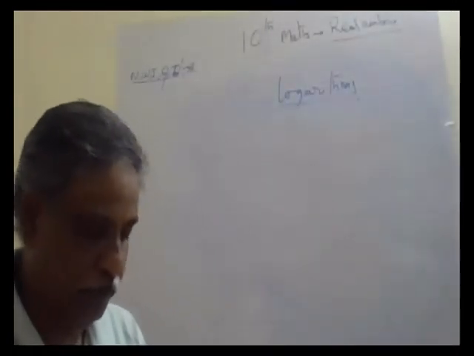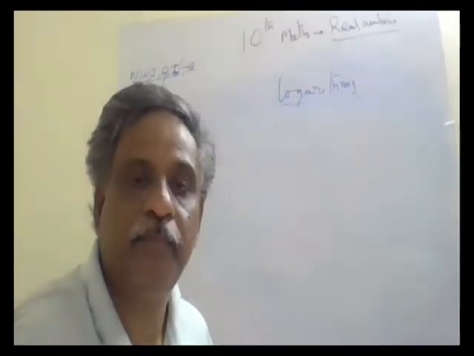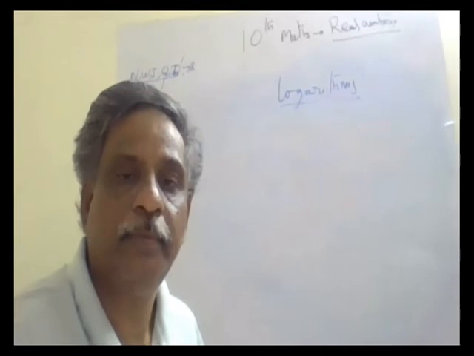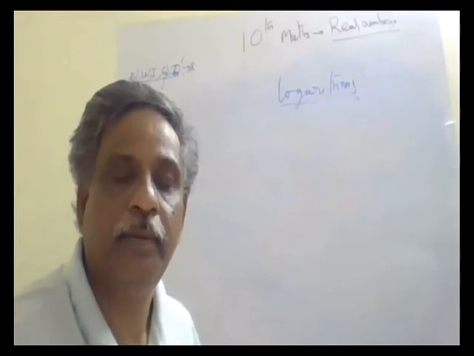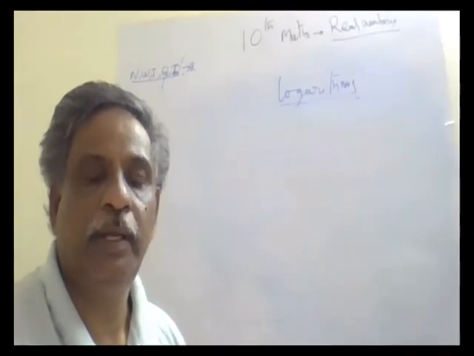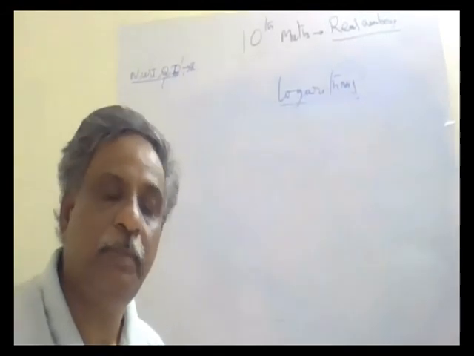Let us see the properties. Laws of logarithms. First law is log xy is equal to log x plus log y. Whether it is log xy, log ab, or log abc.